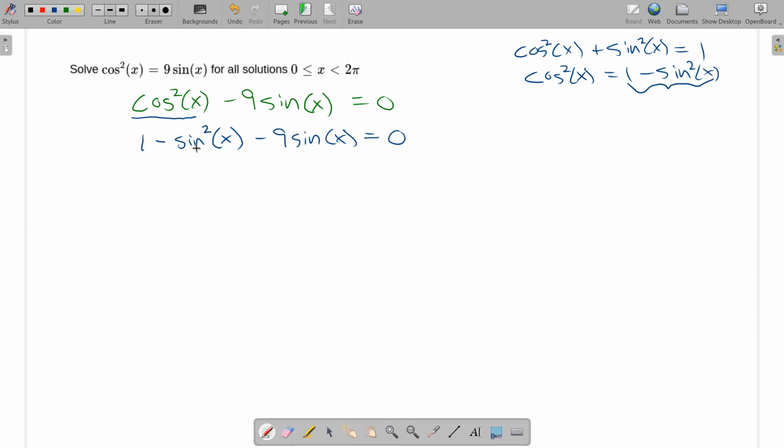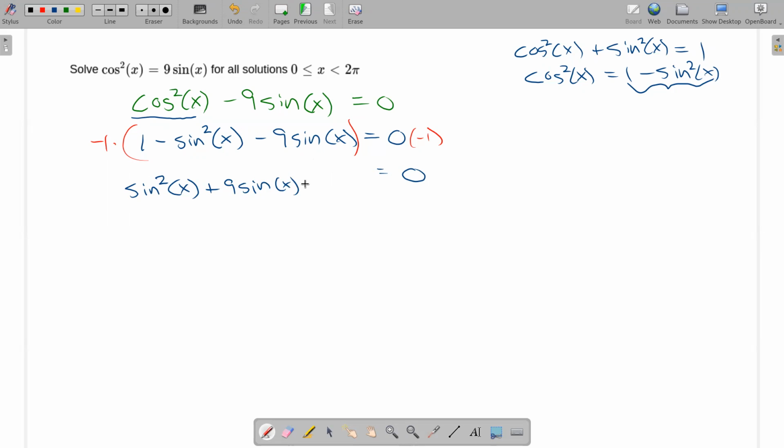I'd like this to be positive, so I'm going to multiply everything by -1 and rearrange things. -1 times 0 is 0. So that's going to make the sine squared positive. I'm going to write that first. -1 times -9 is going to be a positive 9 sine of x.